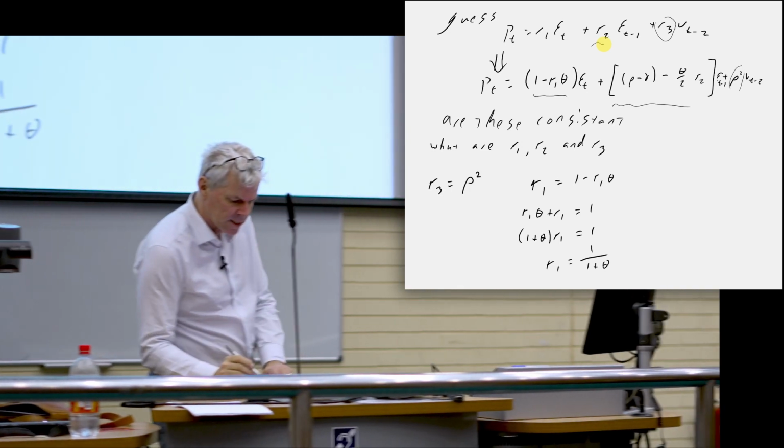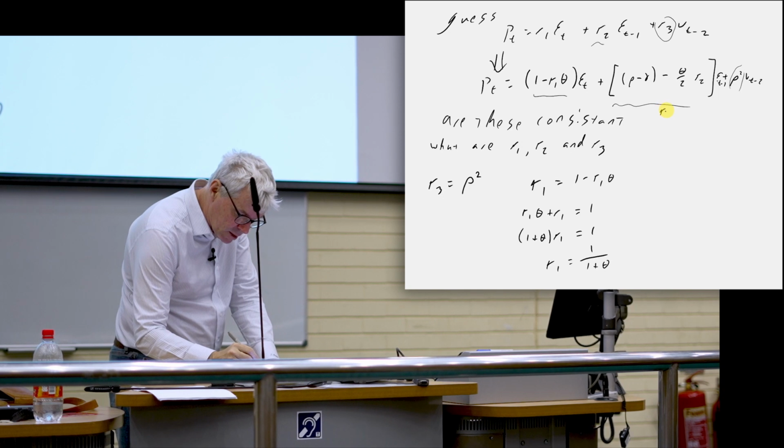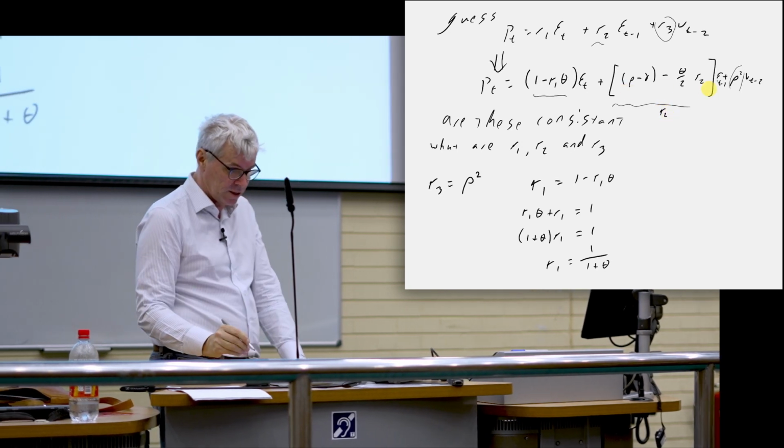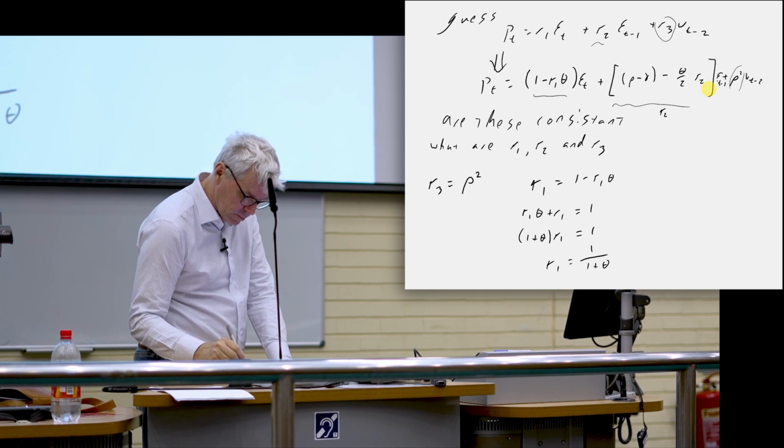So I'm going to go to the next page, and I'm just going to be saying R2 has to equal this: rho minus gamma minus theta over 2 R2. Those two have to be the same.